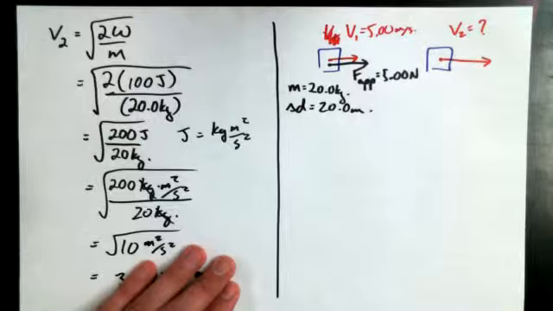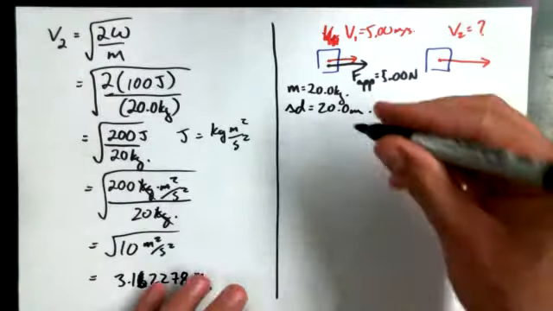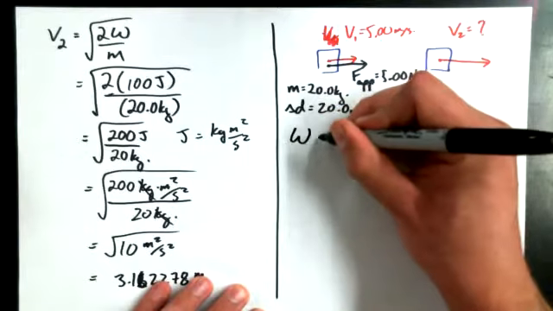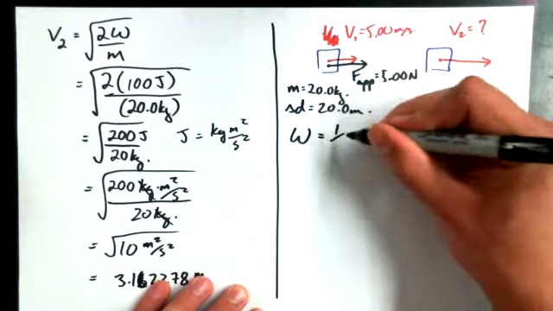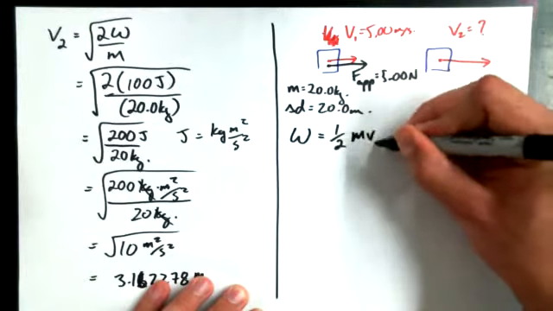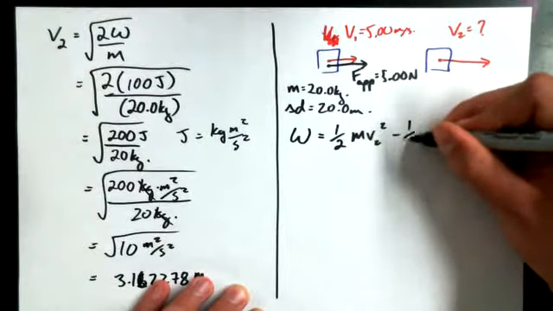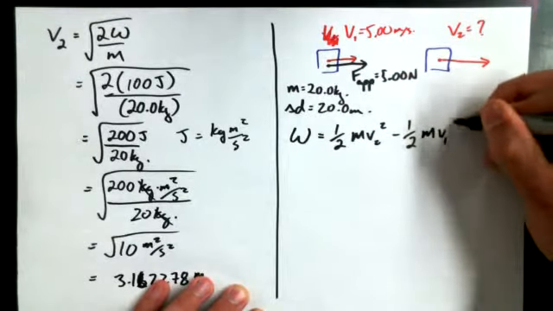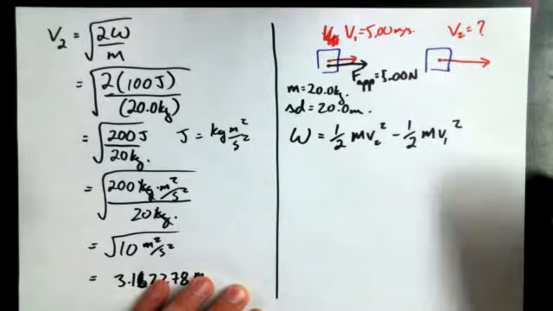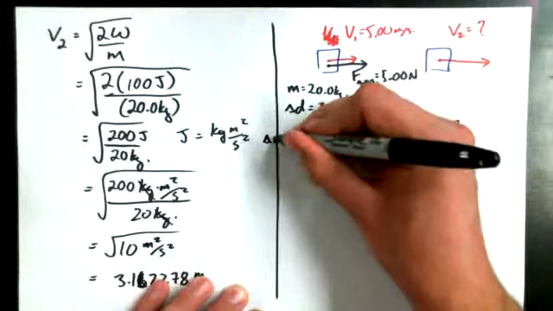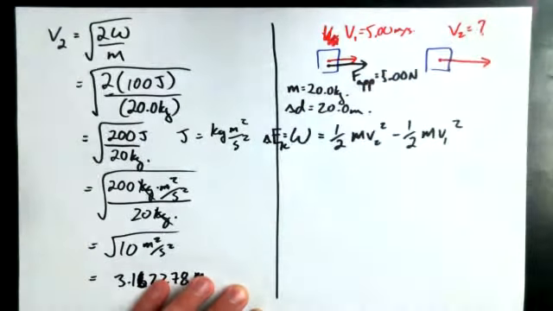If I want to figure out what the final velocity would be, we can come back to our equation that we figured out just a minute ago. The amount of work that you do on something is equal to the change in kinetic energy, 1/2 mv2 squared minus 1/2 mv1 squared. And that's really the same thing as talking about your change in kinetic energy, strictly speaking.